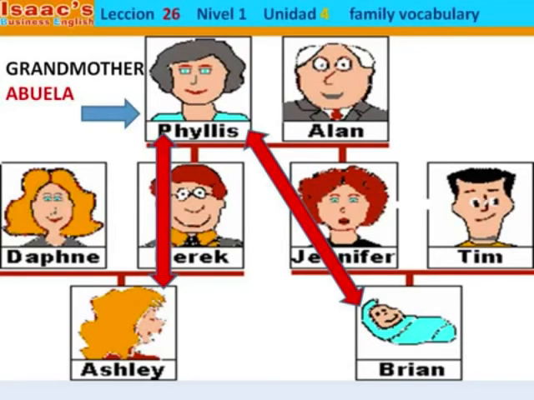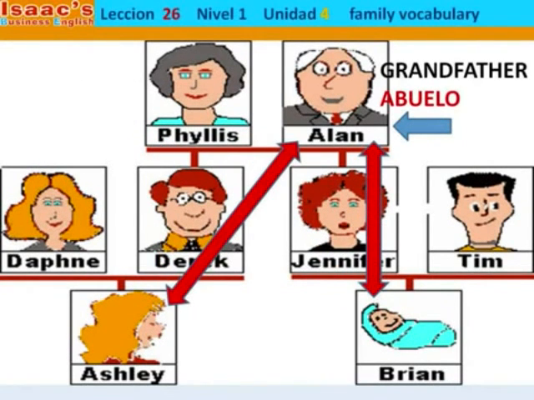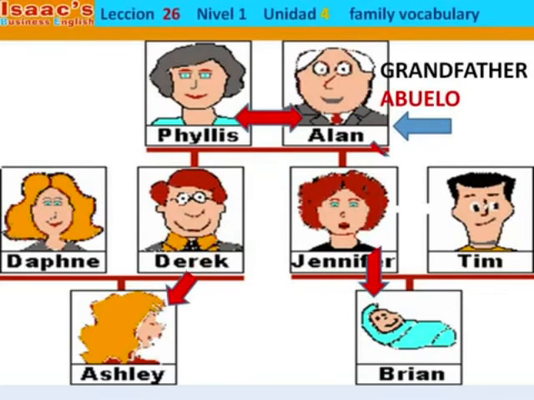La flecha roja apunta a las personas que tienen relación con el título. La flecha azul apunta al título, en este caso, abuela. Grandfather, abuelo.